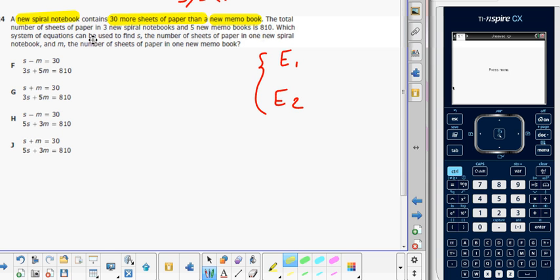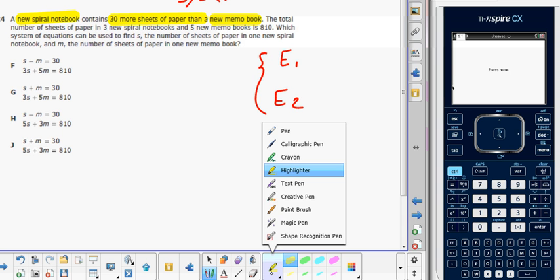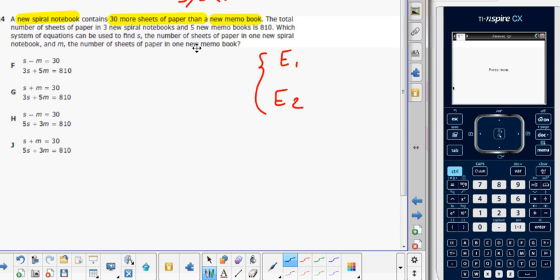Which system of equations can be used to find S, the number of sheets of paper in 1 spiral notebook, and M, the number of sheets of paper in 1 new memo book? So in this case, they label the new spiral notebook as S and the new memo book as M.